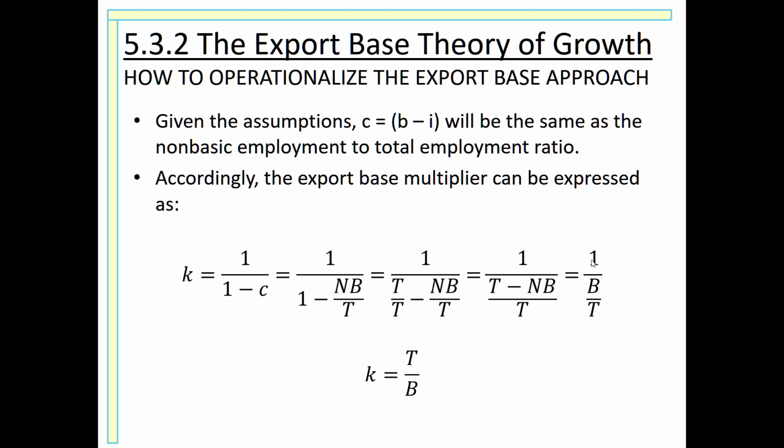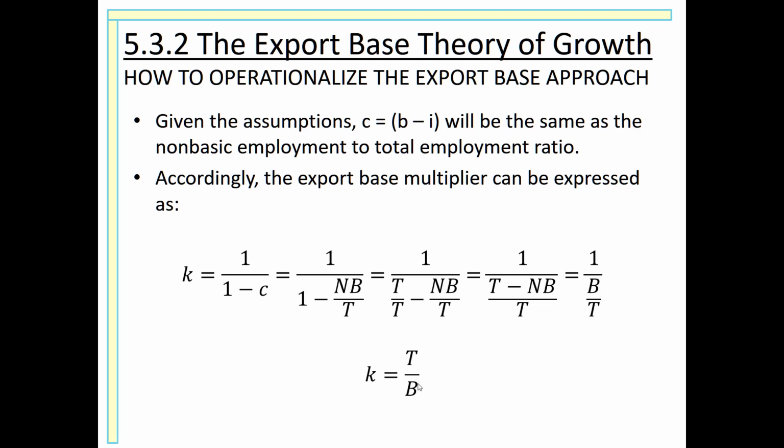So the multiplier equals 1 divided by B divided by T. Now, using algebra, the multiplier becomes total employment divided by basic employment.